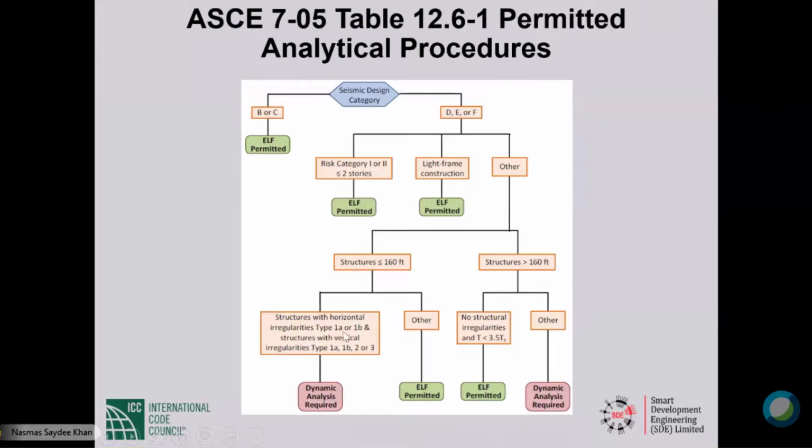So those are quote unquote bad irregularities. So if you have a building up to 160 feet tall, if you have one of those bad irregularities, you shall do dynamic analysis. Otherwise, you are permitted to do equivalent lateral force procedure.